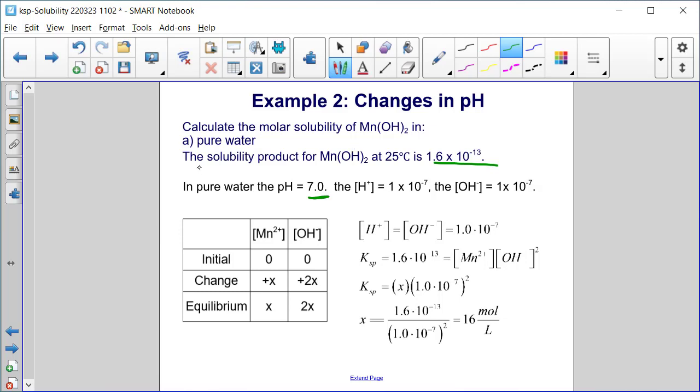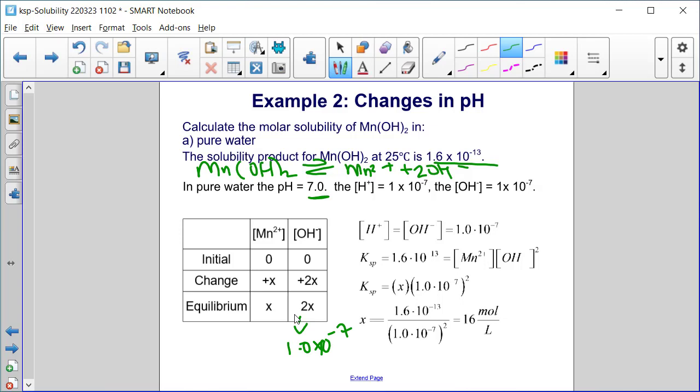Remember, the dissociation looks like this. So we have X as the concentration for the manganese ion at equilibrium and 2X as the concentration of the hydroxide ion at equilibrium, though we know this is in pure water, so this is 1 times 10 to the minus 7.